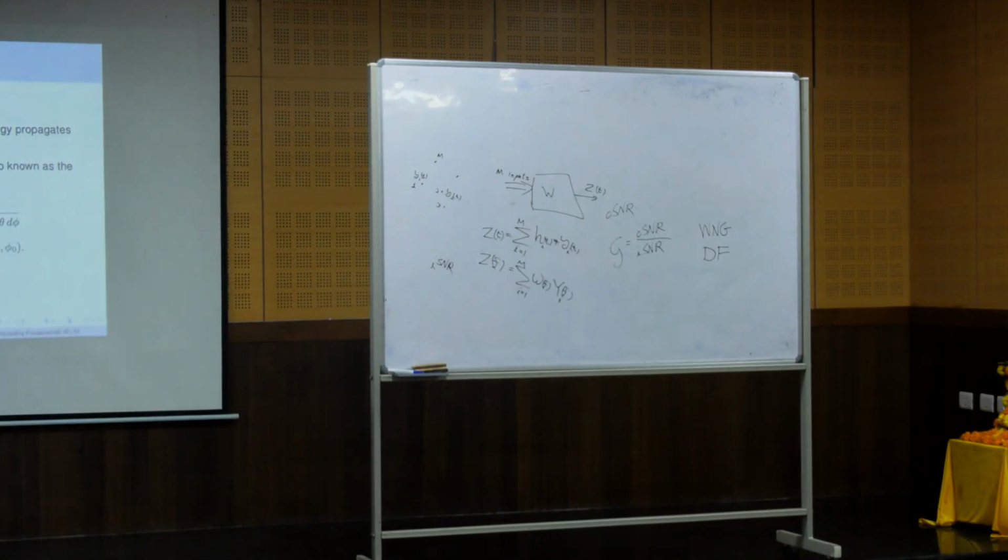Sometimes we want to maximize the directivity factor in some way. Okay, so how do we change this formula when we have a near-field source? Near-field source means that the desired signal is close to the array.